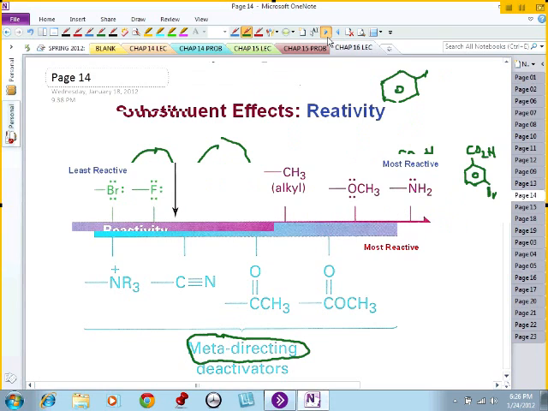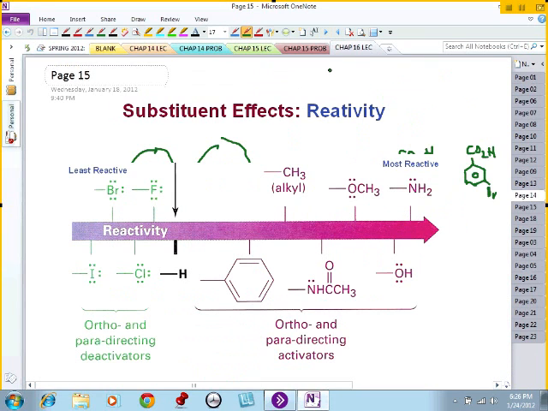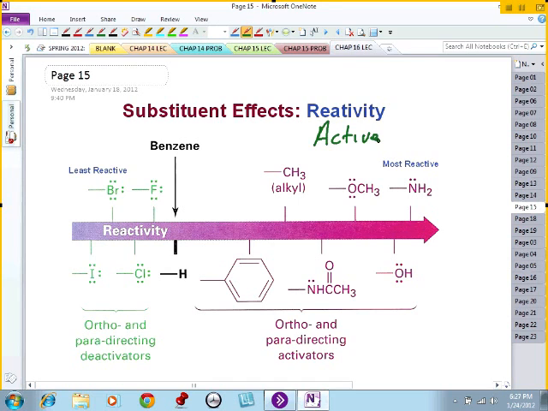Now, if you go to the next slide, now we have the other side of the equation, in which you now have the activators. These are all activators. And of course, we have the moderate deactivators. On this side, the halogens. The halogens are what I refer to as moderate deactivators.